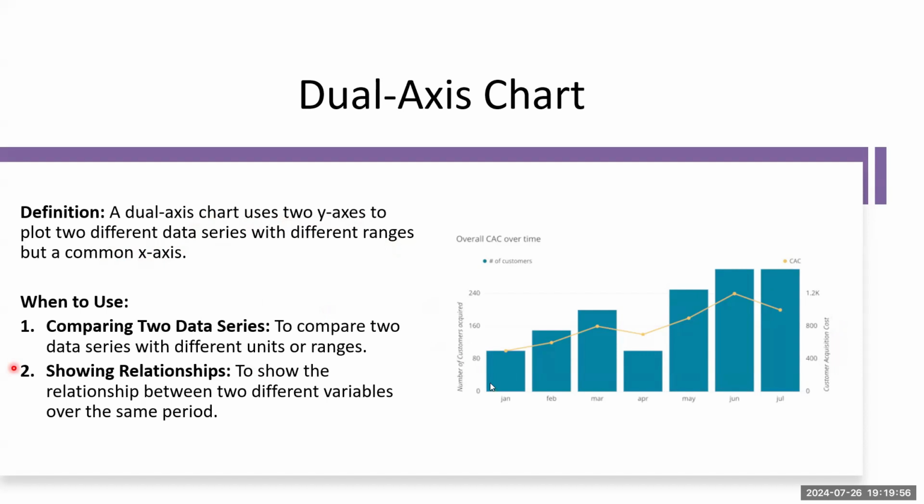We are comparing the number of customers acquired against the customer acquisition cost over January to July. So when you are comparing two data series or trying to show the relationship between two variables over a period of time, then you're looking at a dual axis chart.